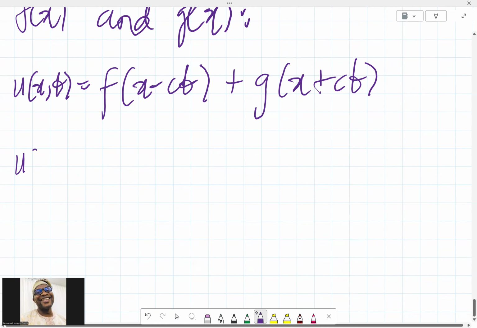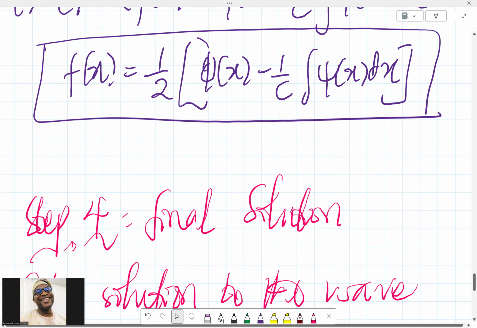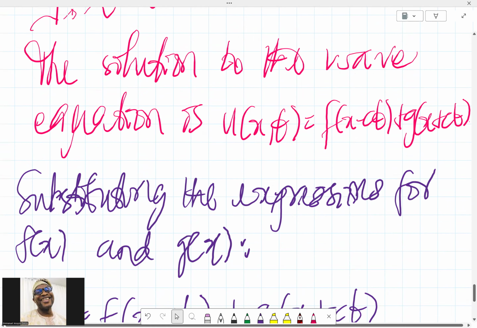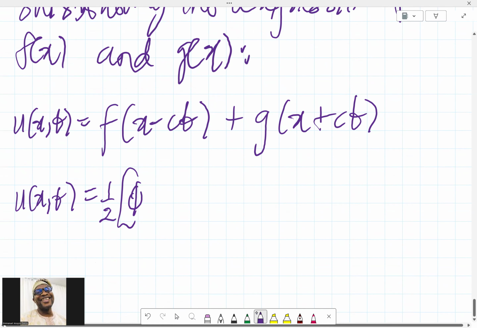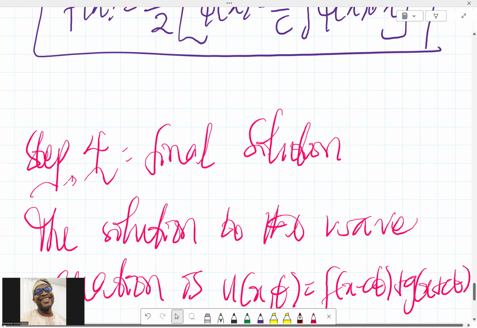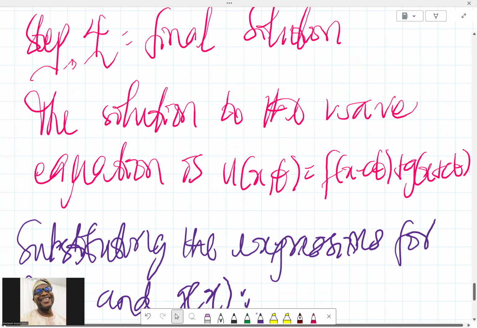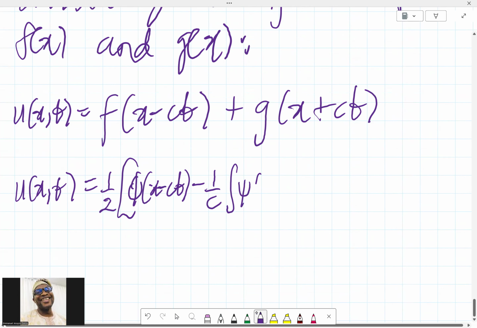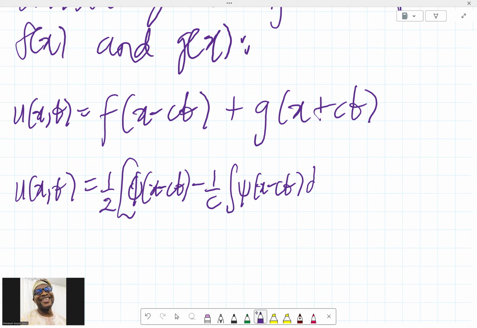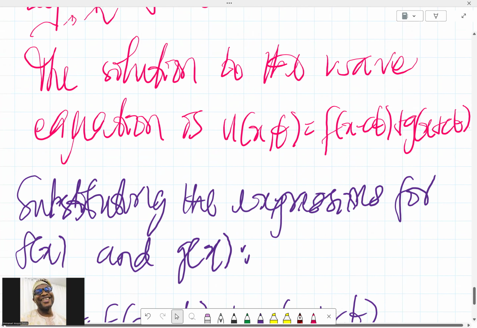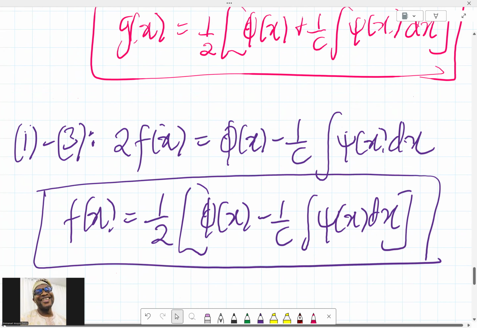So we now have u of x comma t equals f of x minus ct, because f of x is half into phi of x. So we have half into phi of x minus ct, then minus 1 over c integral of psi of x minus ct dx. That's one side. Plus, on the other side, the only difference is that minus before 1 over c, so the other one is now plus.